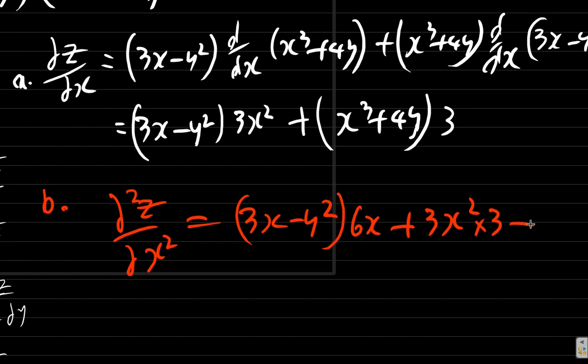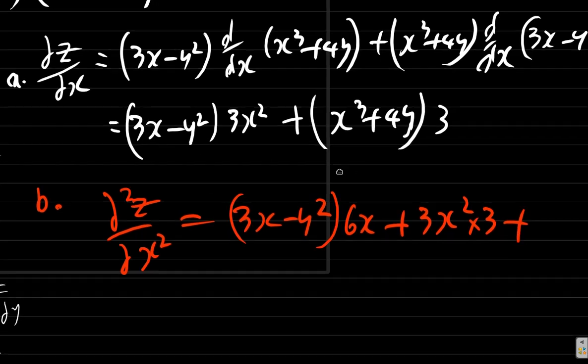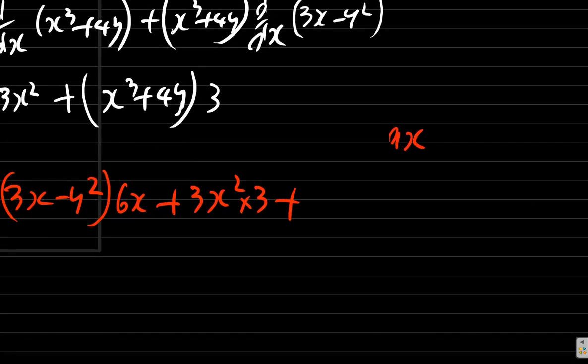It will be by 3, plus, and then out here we say 3 times x cubed. When you differentiate this, you get 3 times 3, which is 9x squared.